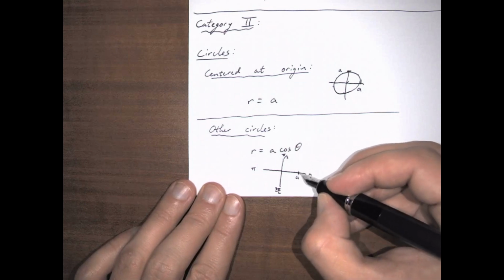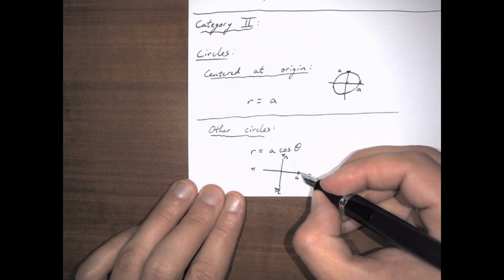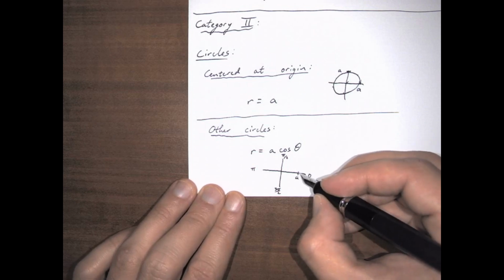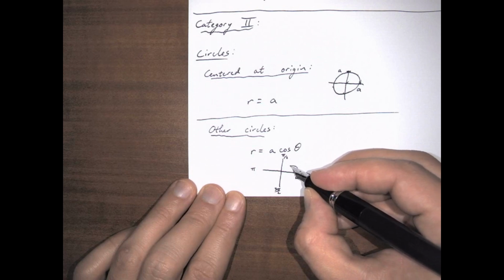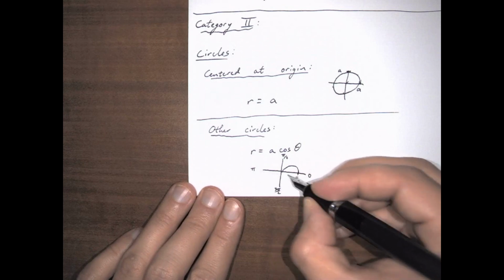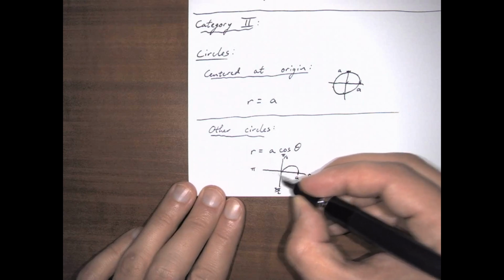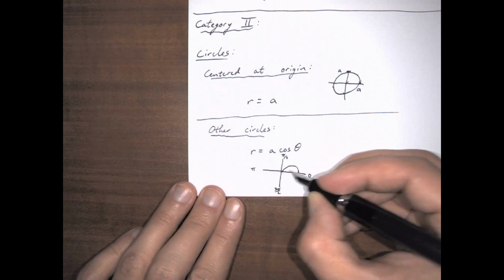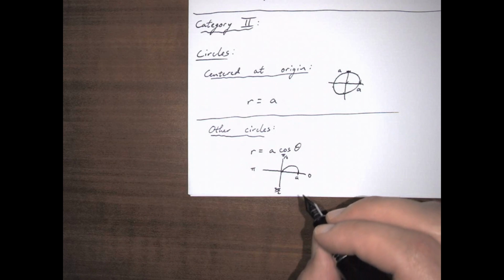Now let's think about as cosine sweeps around here, the x value is going down, which means that the distance from the origin is going down, and in particular, it goes from 1 down to 0 by the time we get here. And then at pi, that's when cosine starts to become negative. And so instead of being down in this quadrant like it should be, what happens is we actually start producing a negative radius.